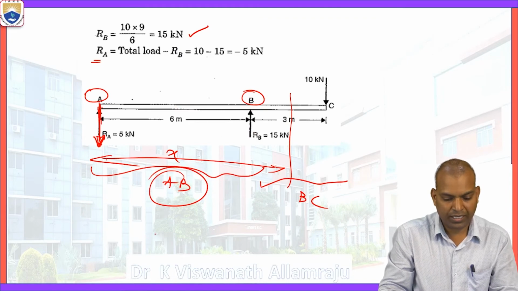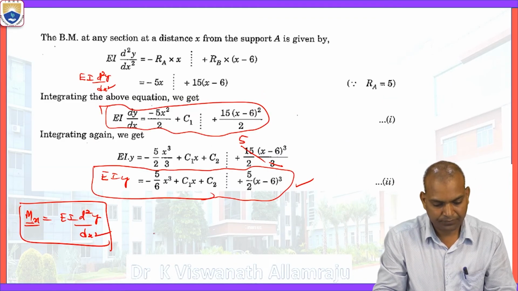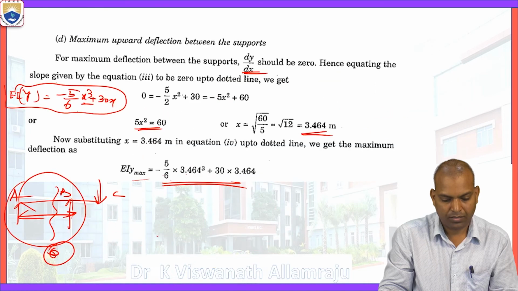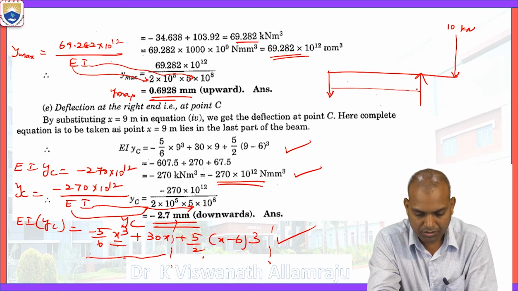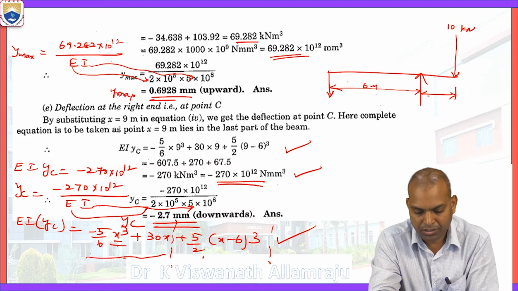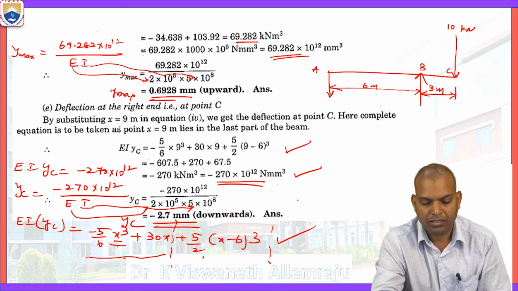In that equation we write down 10 kilonewtons. At x equal to 3.464 meters, this span is 6 meters and here it is 3 meters. Points A, B and C.